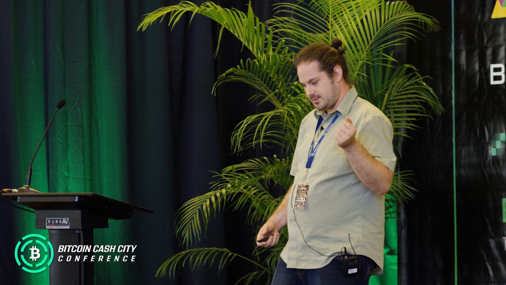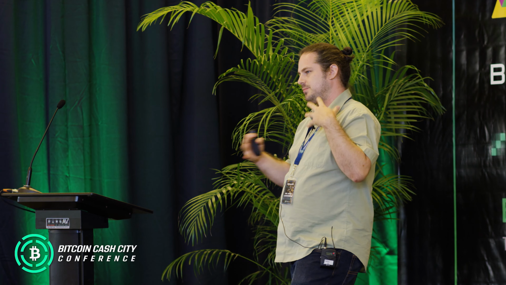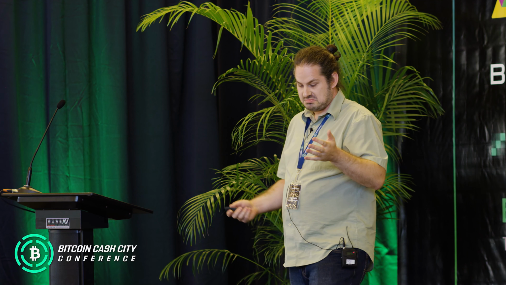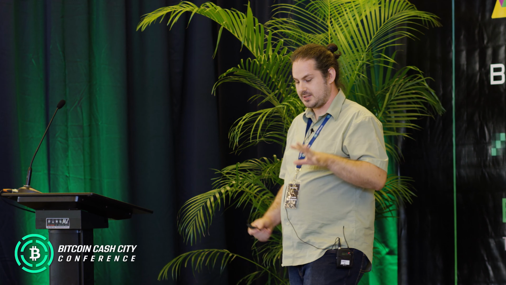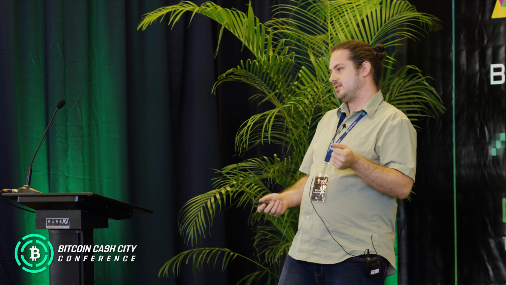And maybe in the future we'll have other fixes of malleability that might exist. And those will actually make things a little bit simpler if you do more advanced constructions. I don't really want to go into the details, but maybe these other things might happen one day. But any of them are enough, and in November we'll have this middle one, and that's enough to do this thing.